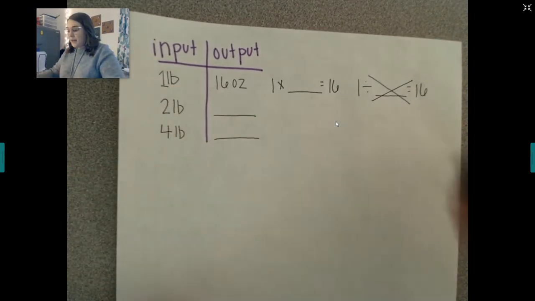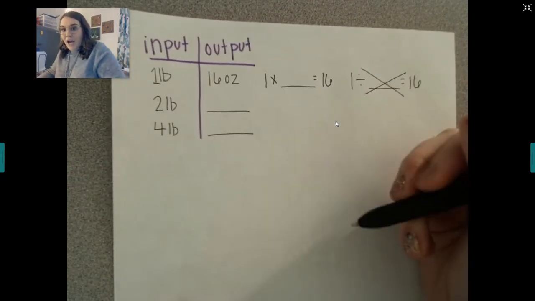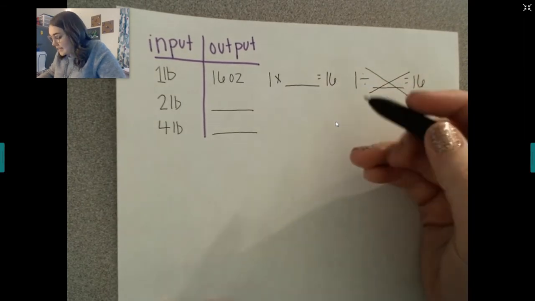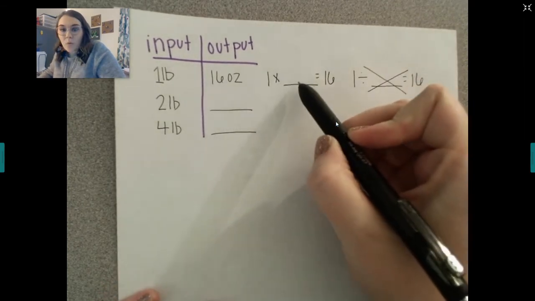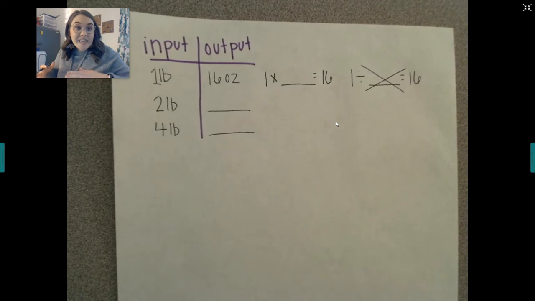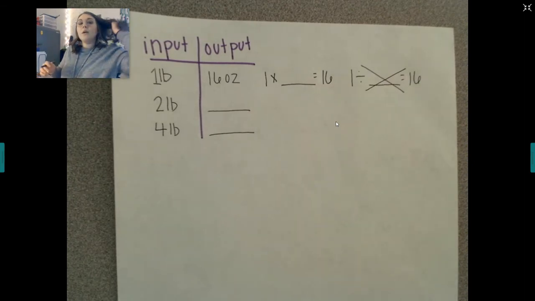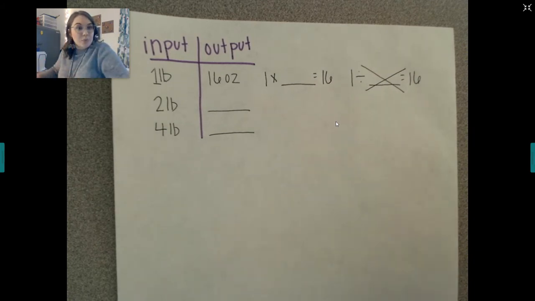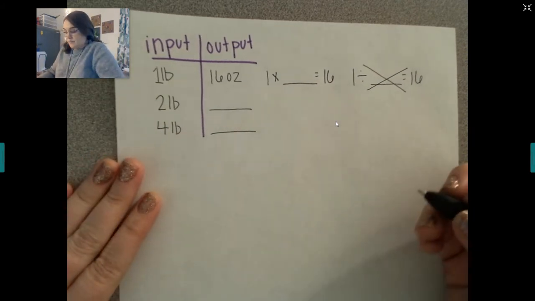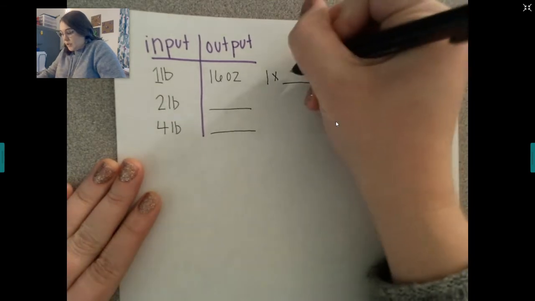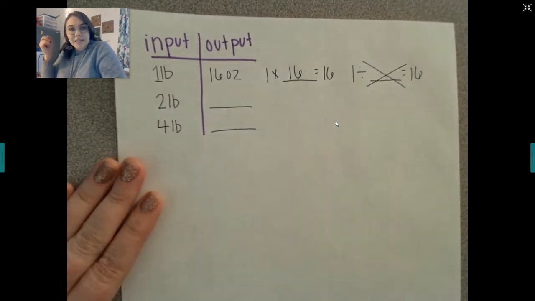I am multiplying. I hope that you said multiplying because 1 times what is 16? Anything times 1 is going to be itself. So what do you think it is? Write down on your paper right now what you think our rule is. I hope that you said 16.